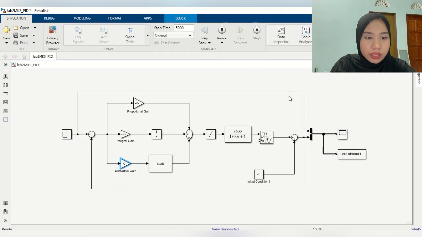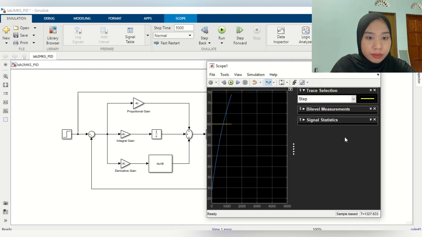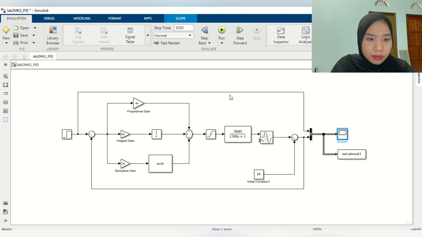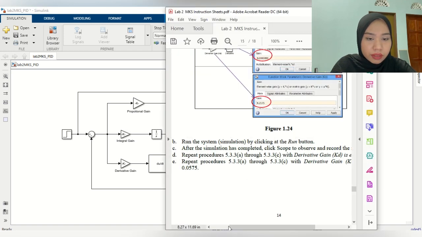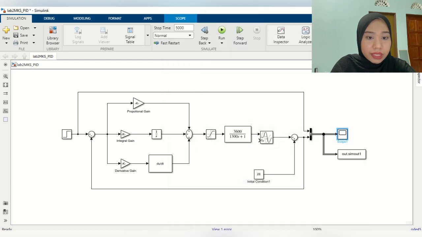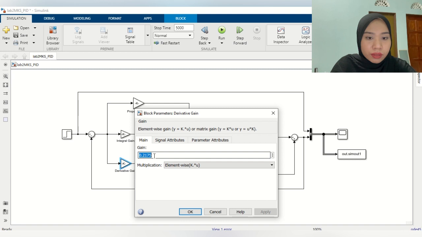So this is the graph for the first value. And then we need to repeat the procedure. The derivative gain is changed to 0.5. Okay, and then run again.